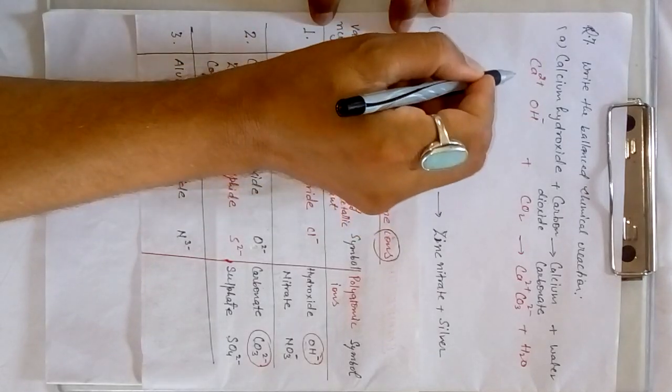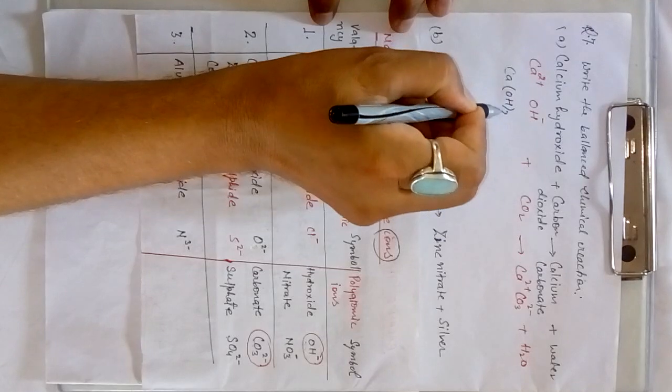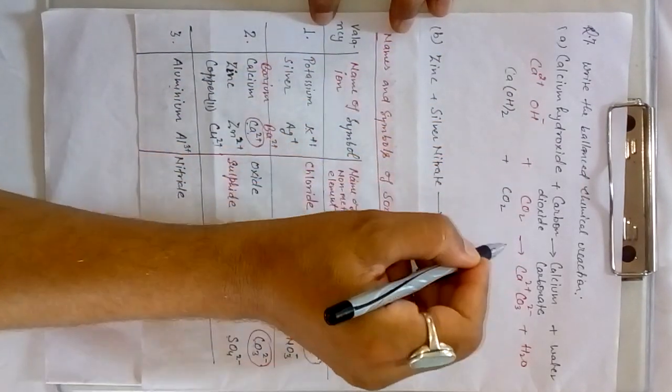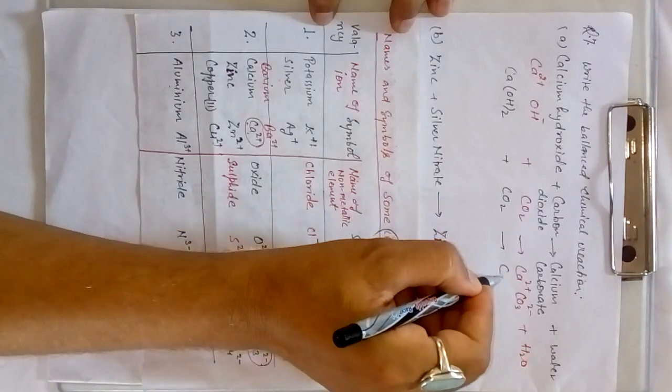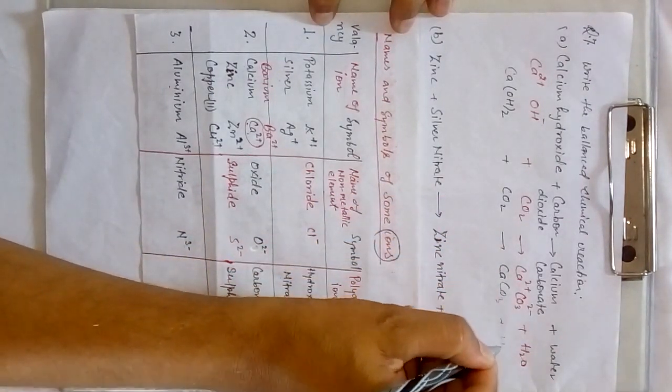So we will write Ca(OH)2 plus CO2 gives CaCO3, calcium carbonate, plus water.